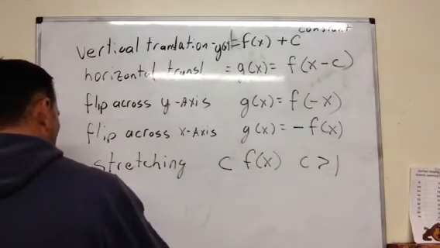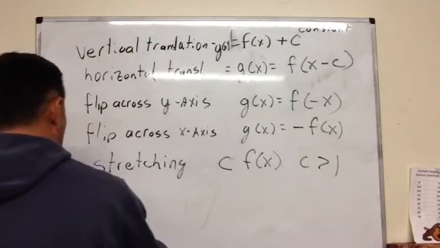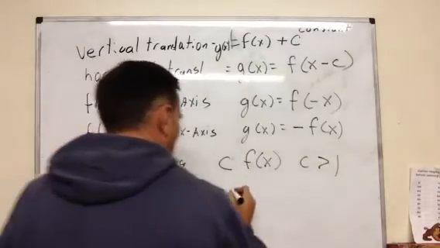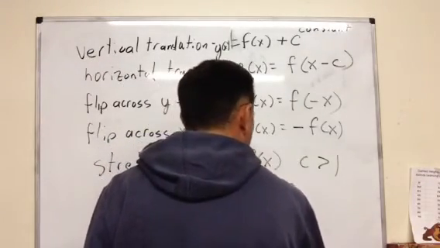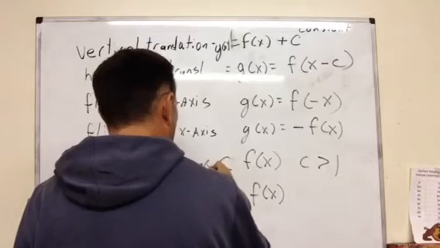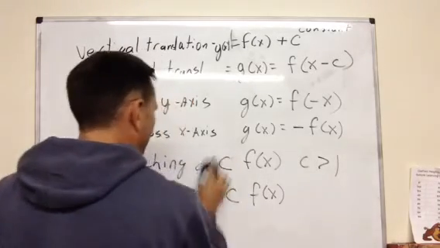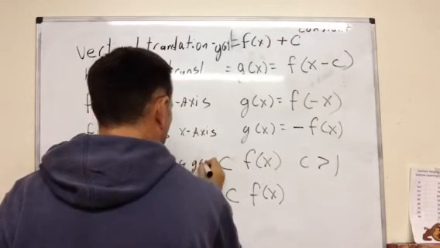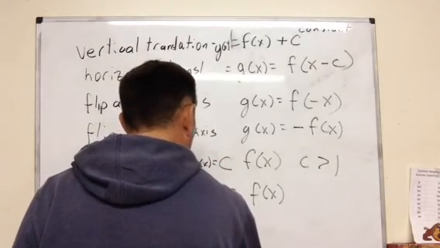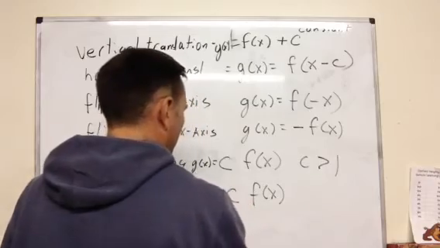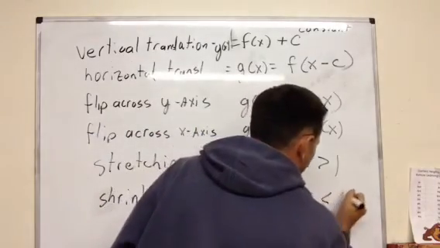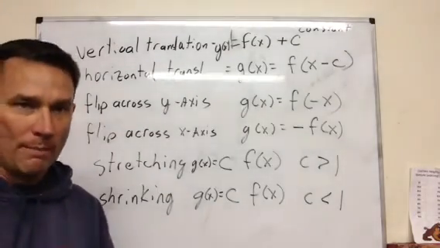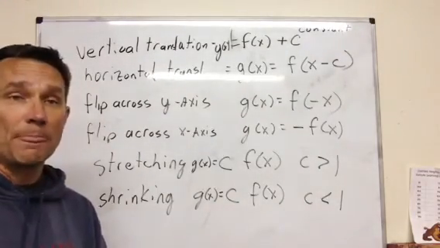If we're condensing it or shrinking, kind of like the word shrinking a little bit better, g of x equals c times f of x, and this is where c is less than 1. 1/2, 1/8, 0.54, just something smaller.